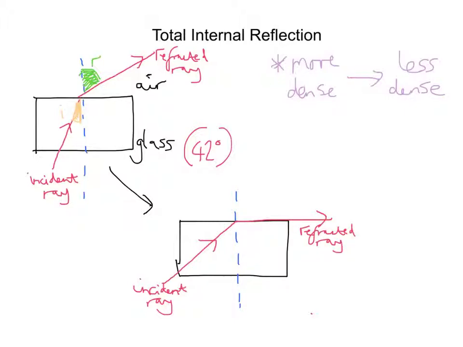Now what that means is that this yellow angle here, and I'll shade it in a sort of hash there, this angle now that I referred to as the angle of incidence before, that's become our critical angle. Because at the critical angle, that's when the refracted ray goes off at 90 degrees, away from that normal. So we've got a critical angle, and as we said, it was about 42 degrees for glass.